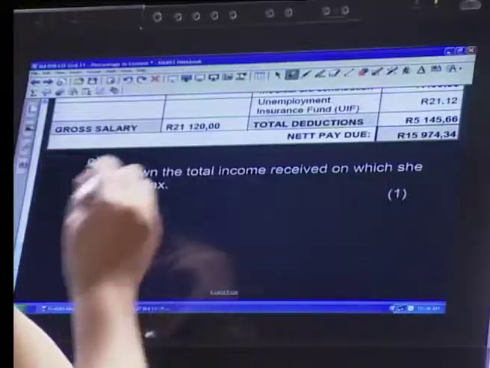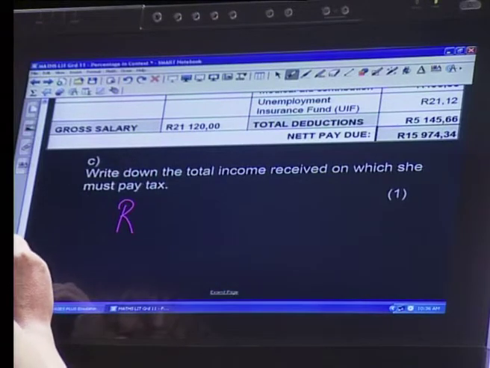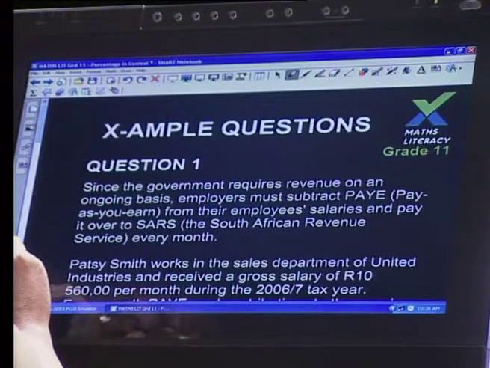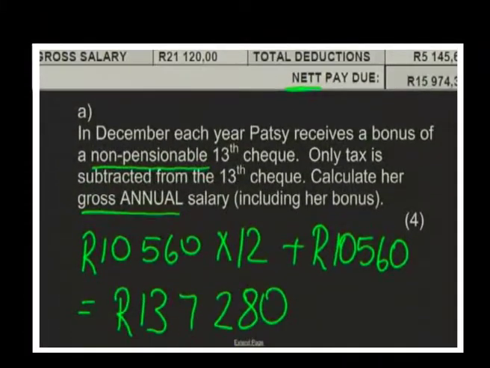Her tax that she needed to pay on was her gross salary and possibly any investments. She doesn't have to pay tax on the investments, so her total amount that she must pay tax on is our gross salary, and we're going to have to go back and check what our gross salary was. Our gross salary was 137,280.